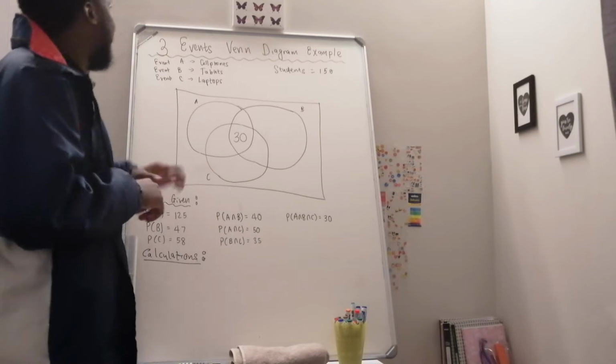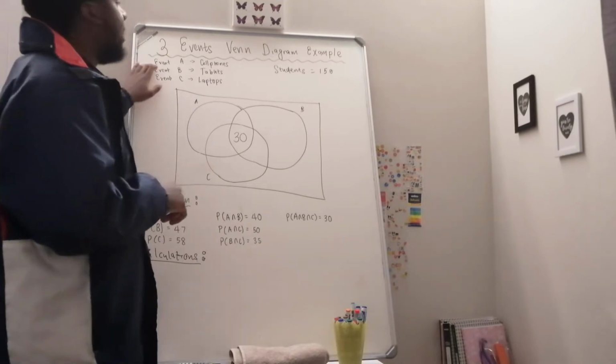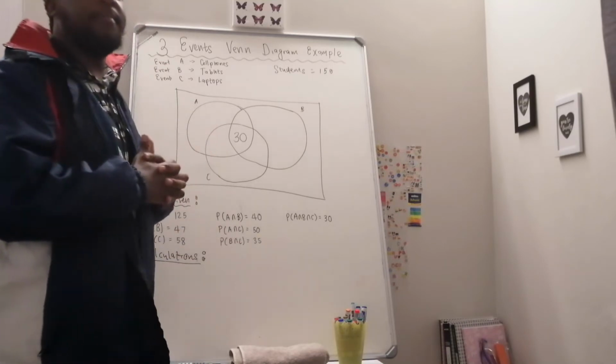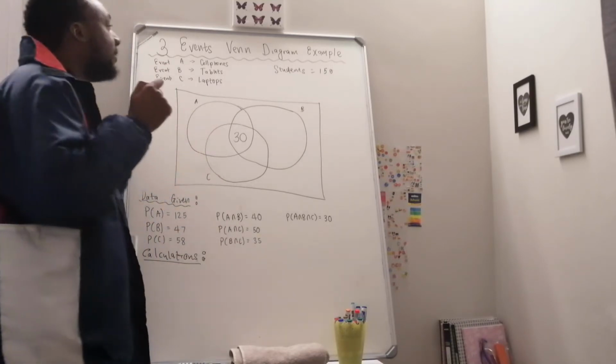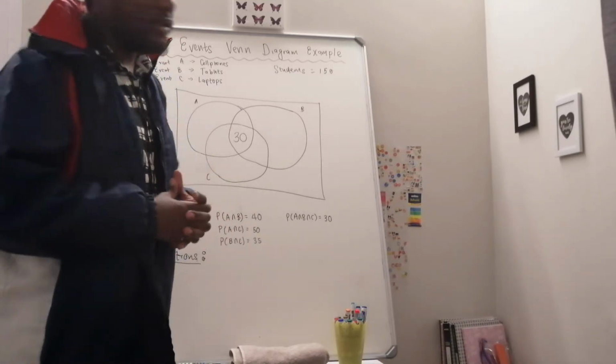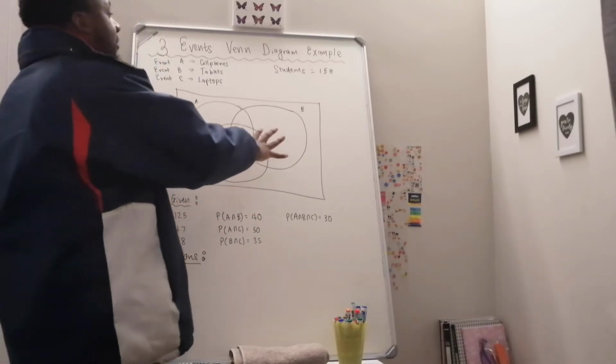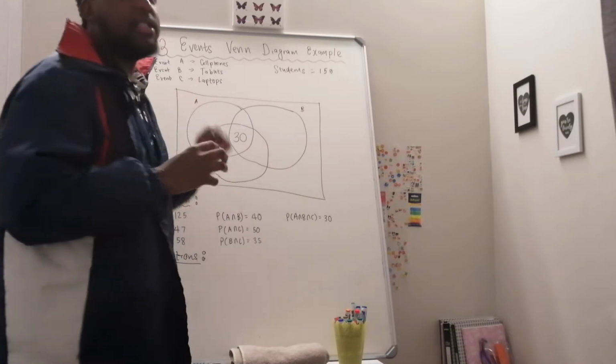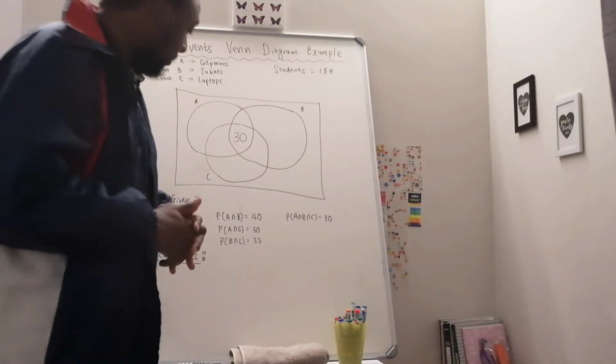So I called cell phones event A, tablets event B, and laptops event C. I drew my Venn diagrams, but there's information missing that I still need to fill in.